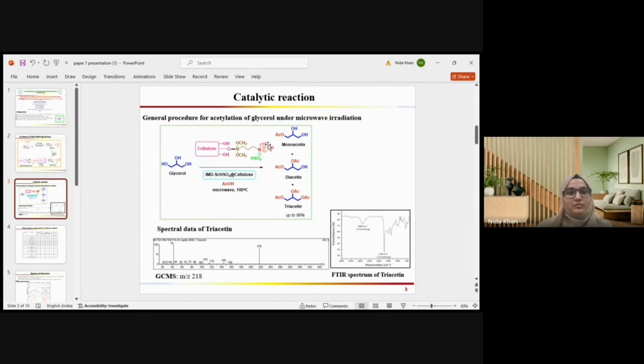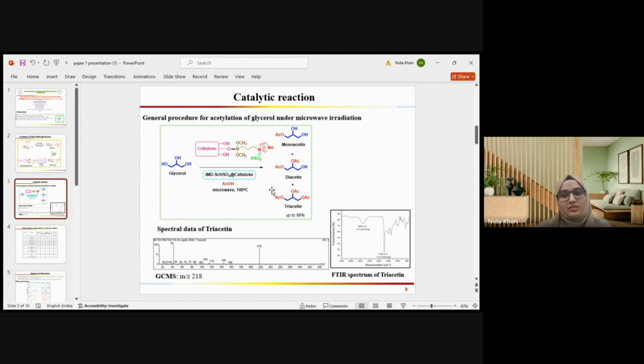This is the procedure for acetylation of glycerol in the presence of the catalyst. We synthesize triacetin by taking glycerol 0.1 mole and acetic acid 0.6 mole in the presence of 20 milligrams of catalyst under microwave irradiation at 100 degrees Celsius.